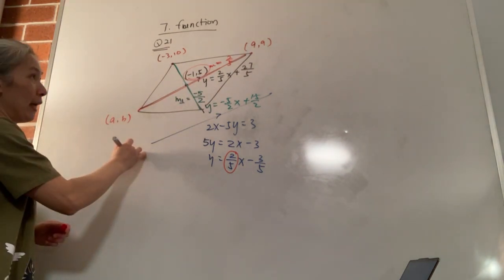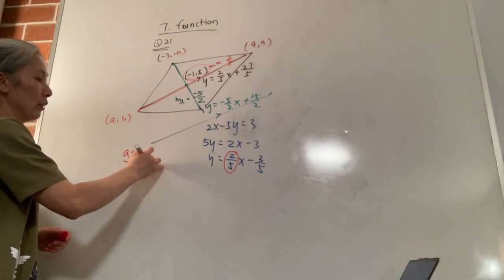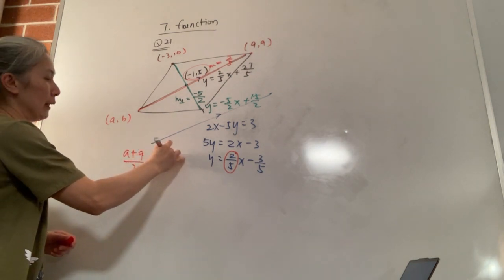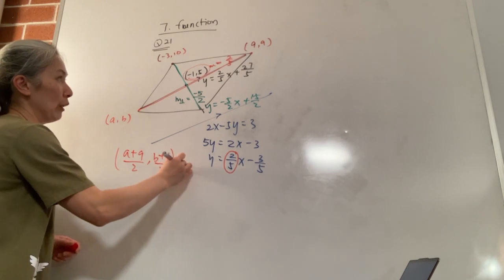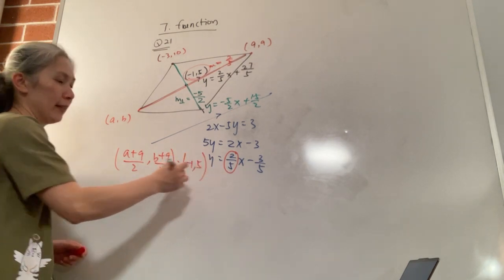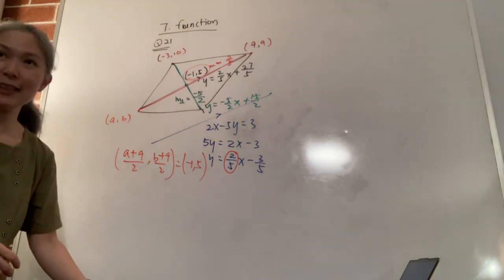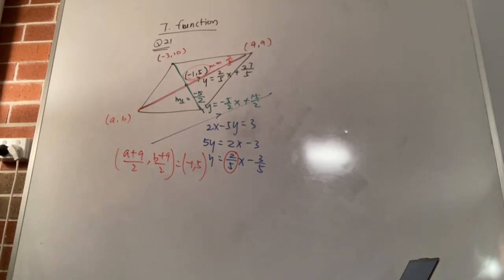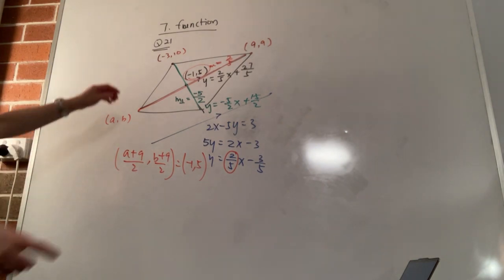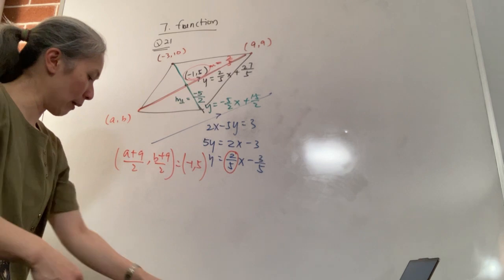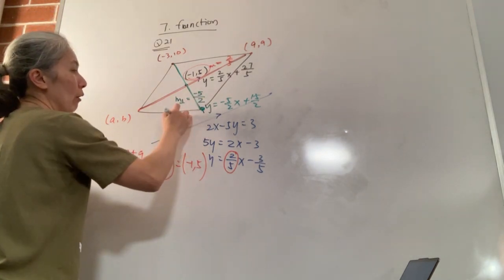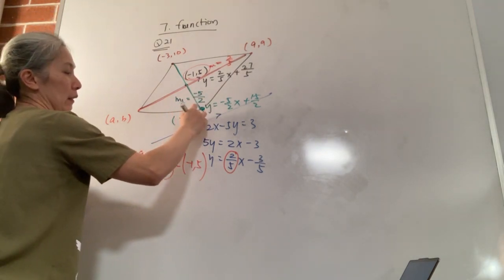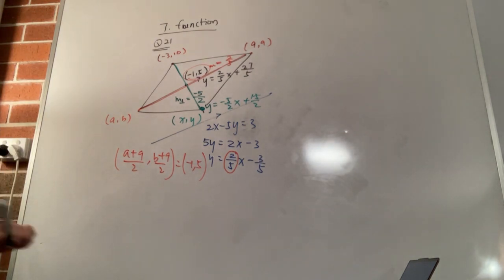So we have written (a plus 9)/2 and (b plus 9)/2 should equal (-1, 5). Then we equate to get a and then to get b. And do the same thing with this one. This point is something I do not know, I might call it (x, y). Then you repeat the whole process all over again.